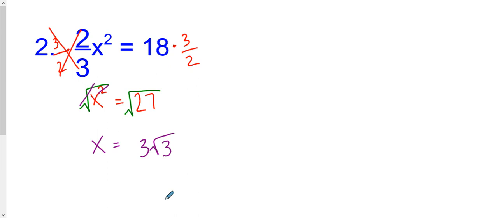If you're not sure how to type a square root in, you hit Shift, the yellow button, and then x squared. So Shift x squared will allow you to type that square root in, and you should get 3 square root 3 back. If you don't, then check in with your teacher and fix some issues with your calculators. And the last thing is because we added that square root in, it was not there originally, I do need plus minus in the front. So positive 3 radical 3 or negative 3 radical 3 would both make this equation true.